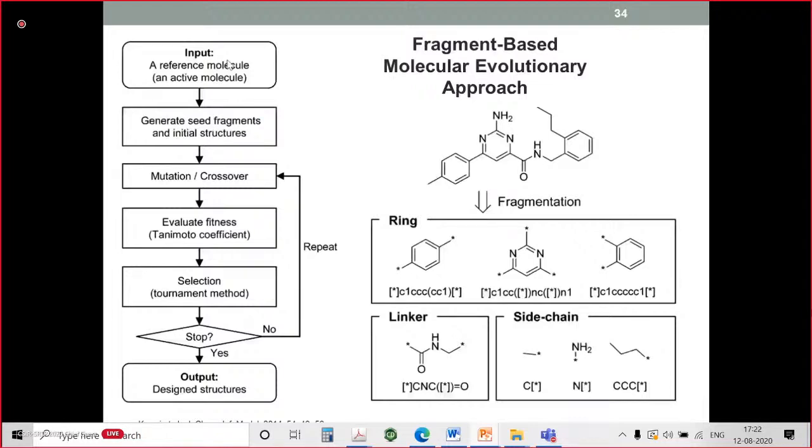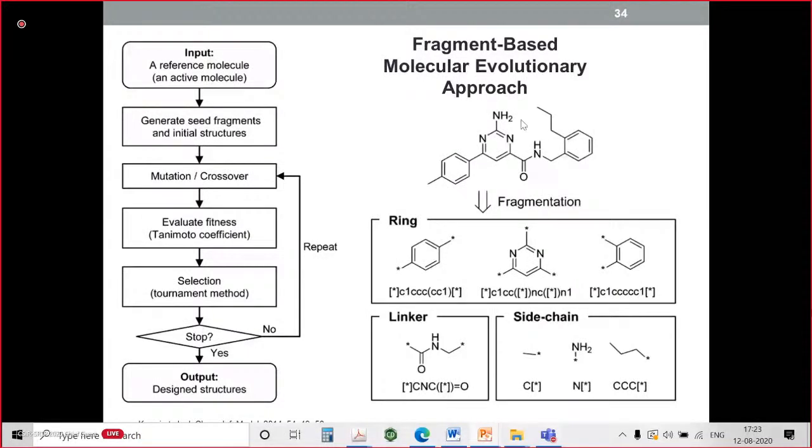Same as I discussed in the previous slide, we have to give the reference molecule, but here protein is not necessary. So initially we have to give the reference molecule. Then this is transformed into seeds.